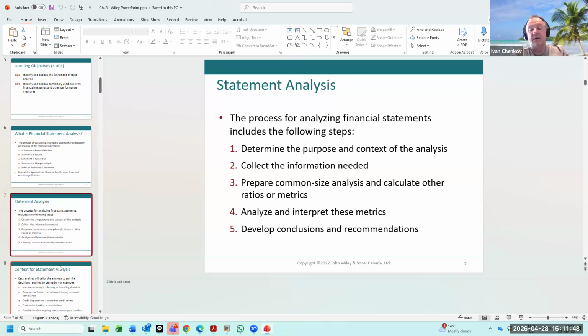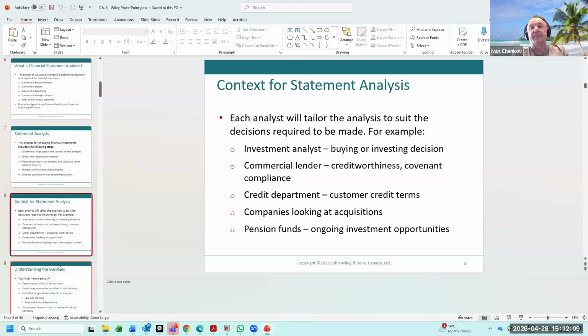And then we're going to interpret and analyze whatever findings we get from those analyses, and then we're going to come up with a conclusion and recommendation about what we're going to do with the company. Are we actually going to give them money as credit, or are we going to invest?